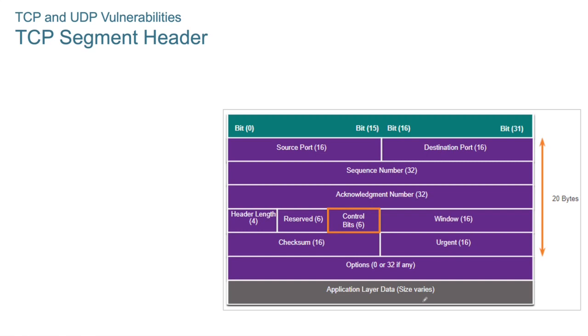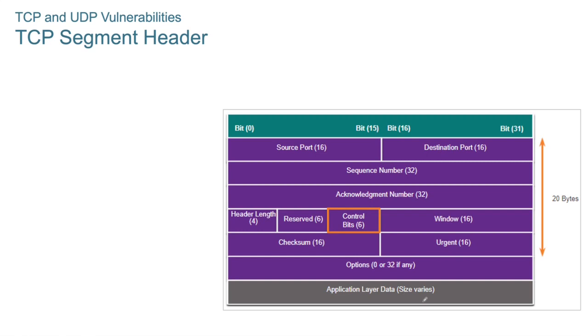The fields of your TCP segment and the flags of the control bits field are displayed in this figure. The 6-bit control field is used by the attackers to attack the host or the victims.